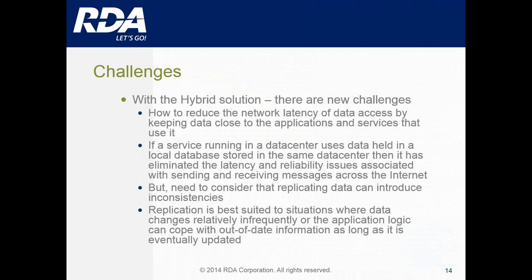If a service is running in a data center and it uses data held in a local database stored in the same data center, then you've basically eliminated the latency and the reliability issues that may be associated with sending data across the network. But you still need to consider that whenever you're sending data across the network, you may introduce inconsistencies.